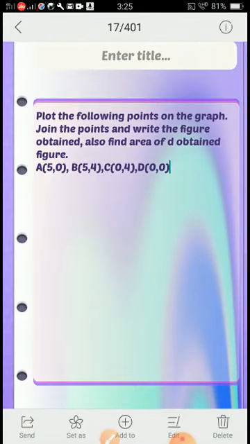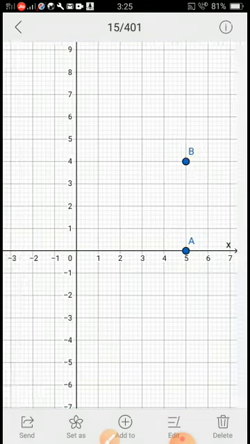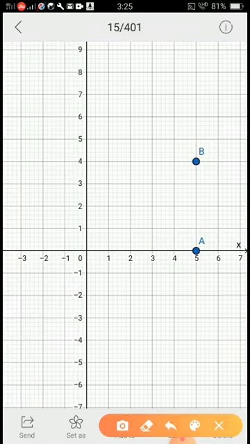Then what was the point C? C is (0, 4). Where will it be? Your x coordinate is 0. That means it is on the y-axis. So for point C, x is 0 and y is 4.